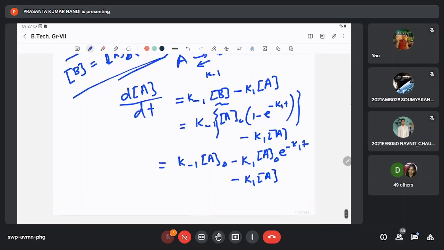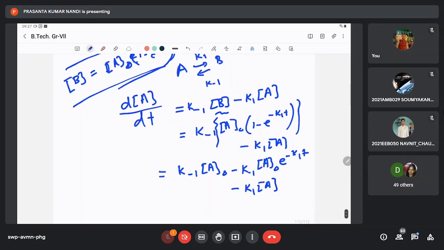And a equal to, again you can write, so for fast forward reactions, a equal to, we can write A zero into e to the power minus k1t.